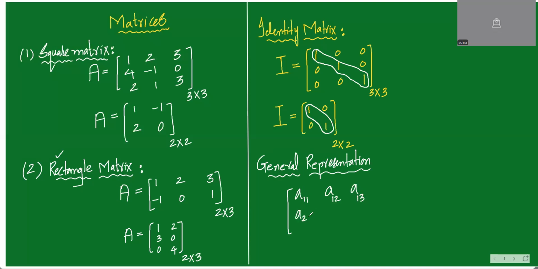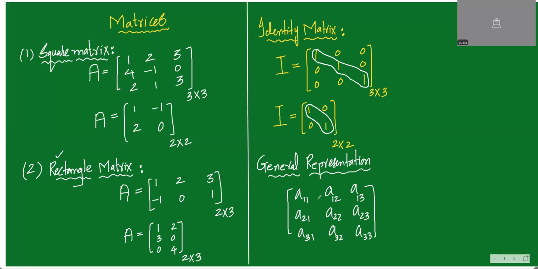This is 21, this is 22, this is 23. This one is 31, this is 32, this is 33. What these numbers indicate, the suffix indicates where the element is located.